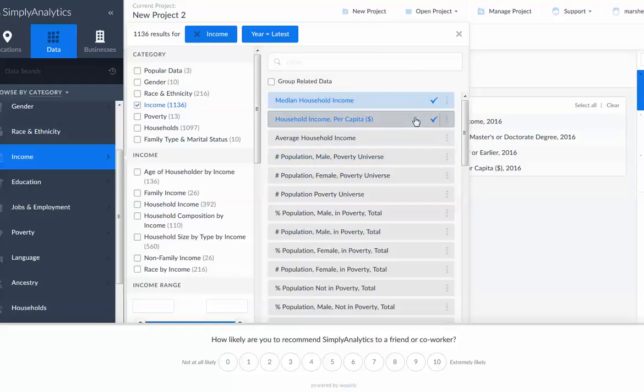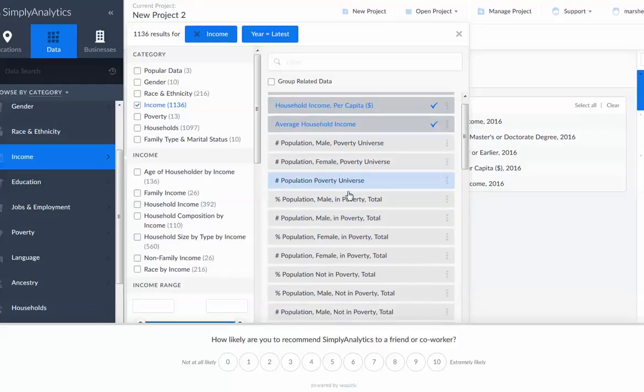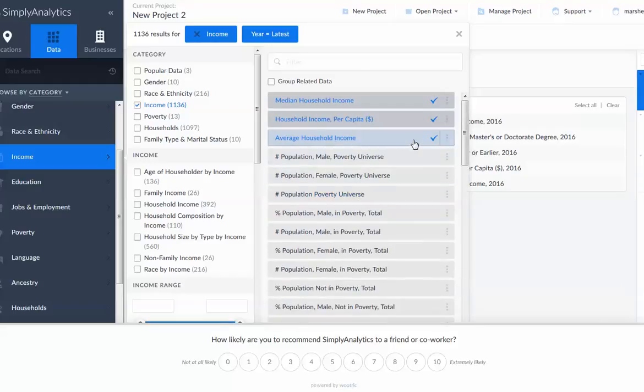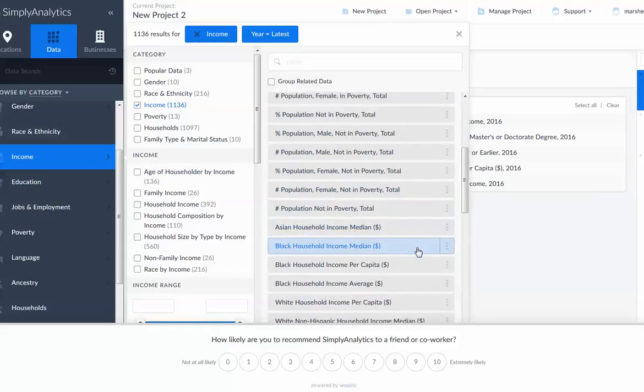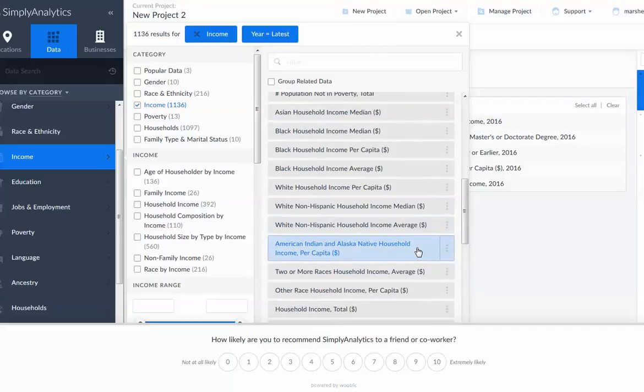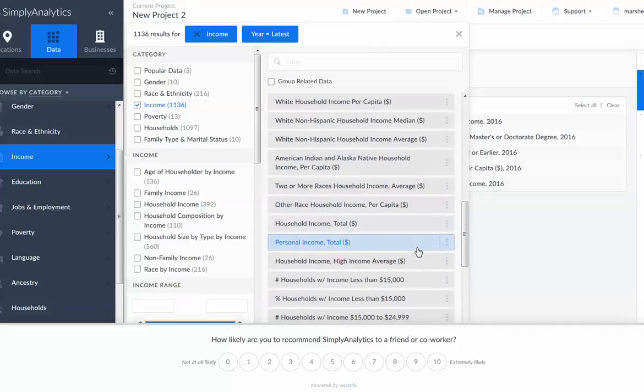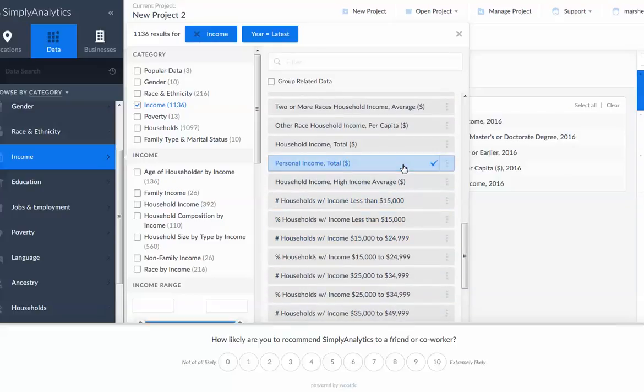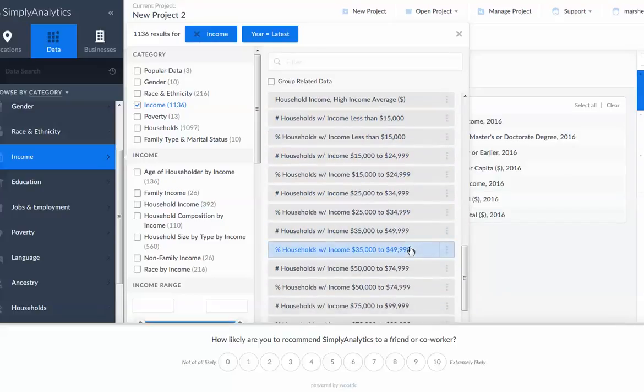Median household income, okay, average household income perhaps, which actually I probably don't want. Personal income, household income total.